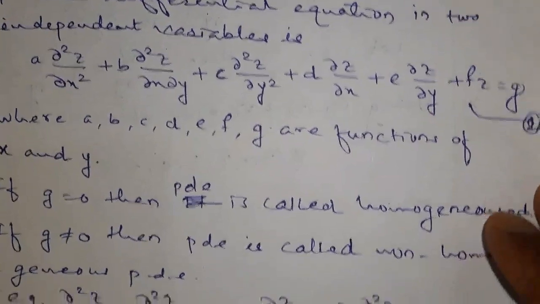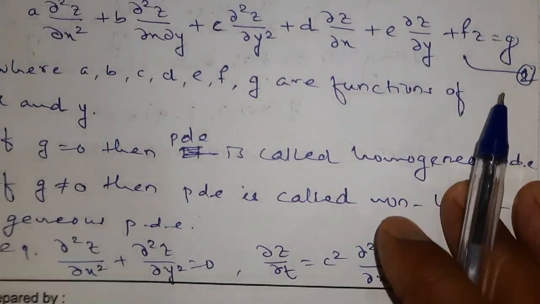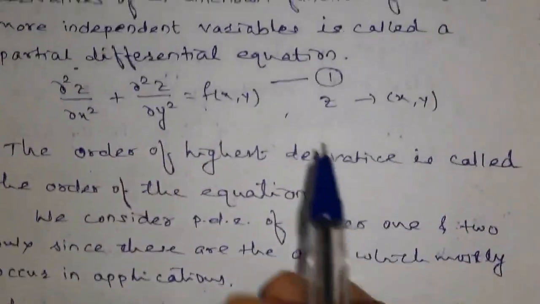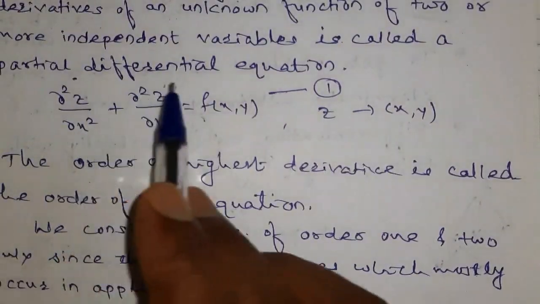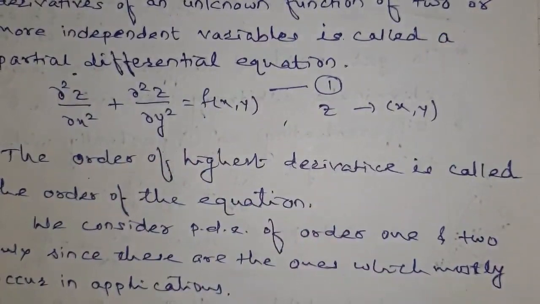So here I am writing some equations. Dou 2z by dou x square plus dou 2z by dou y square equal to 0, it is homogeneous. And the equation we wrote previously, dou 2z by dou x square plus dou 2z by dou y square is equal to f of xy, it is non-homogeneous, right?